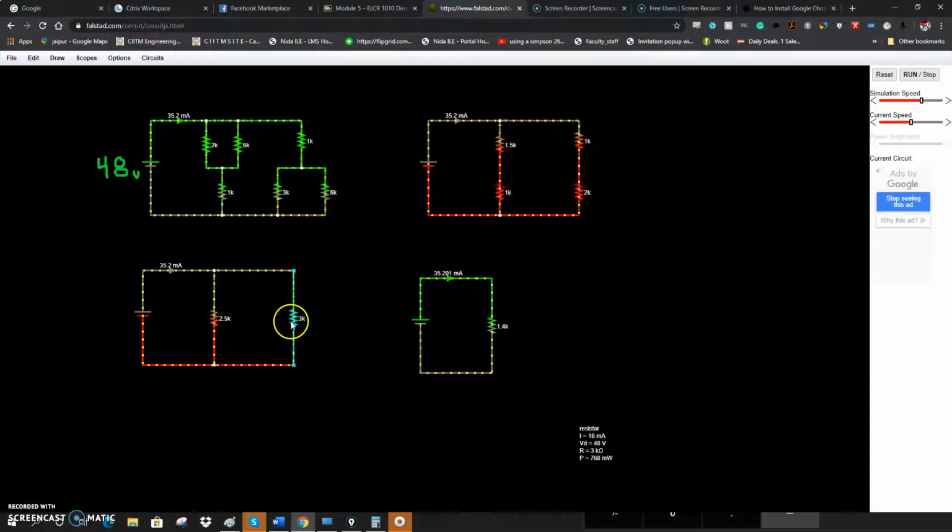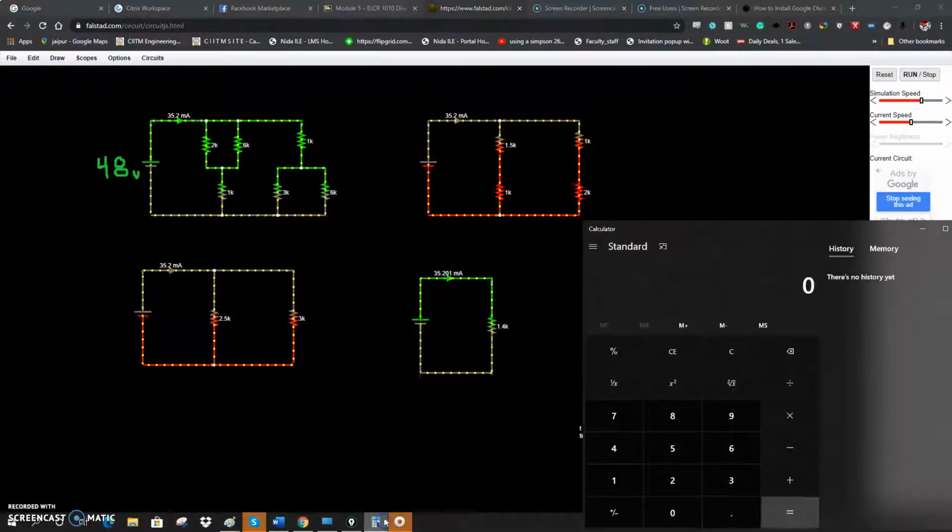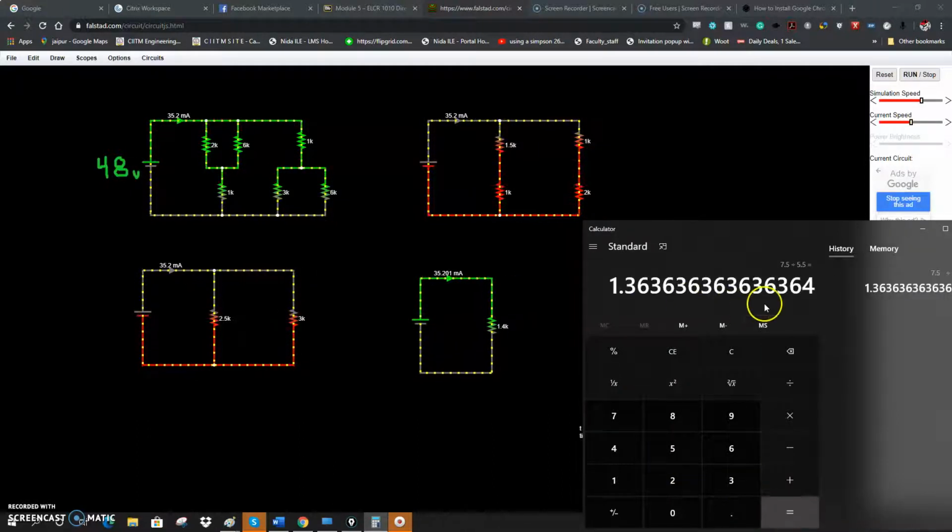And now I'm down to just a simple parallel branch. So I'll break out the calculator for this because even using product over sum, that's going to be a little bit of a bear. 2.5 times 3 is 7.5. I can do that in my head. Divided by 2.5 plus 3, which is 5.5, equals 1.3636.